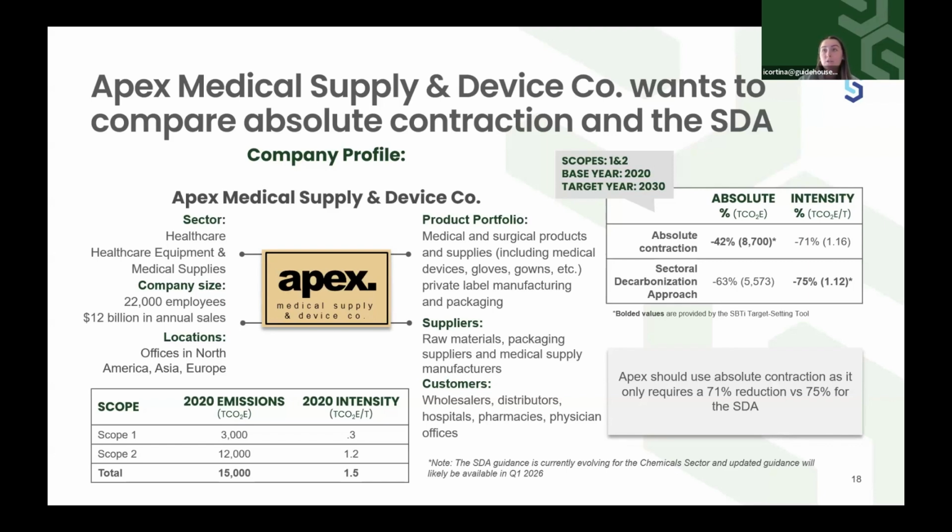And it's important to consider how those are relative to one another. And so we can translate absolute emissions to emissions intensity by looking at the relative absolute emissions required to be reduced in both scenarios.